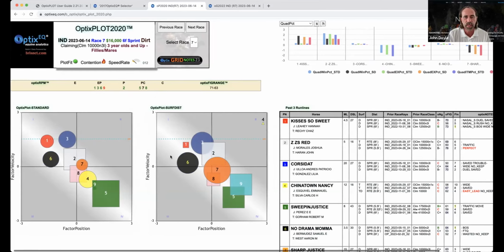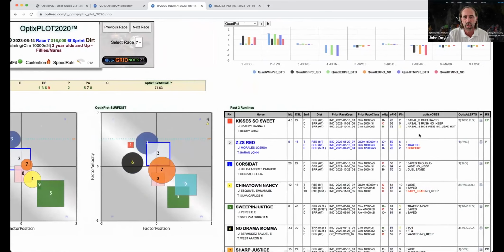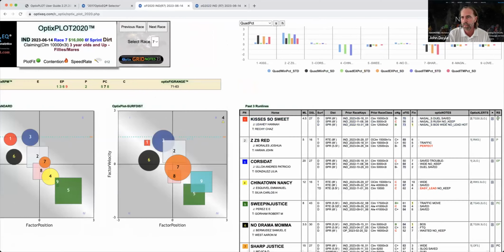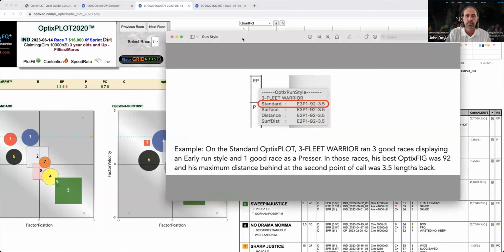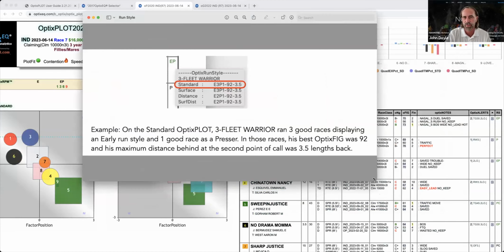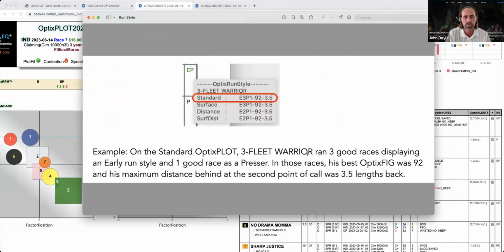The one thing I note is that if you hover over the horse's run style on the table to the right, I'm going to put my mouse arrow over the EP. What you see is the Optix run style of the horse and how we develop it. I'm going to pull up an example, it's easier to see. This is in our documentation, so you can get it if you go to info and look for a plot.